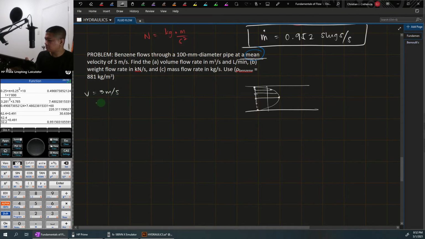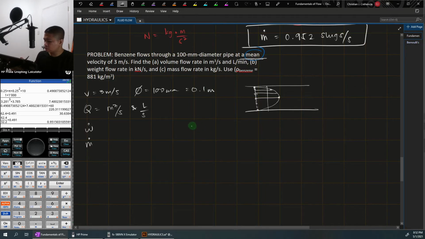Then ang hinahanap is flow rate in cubic meter per second and liter per second. Then for B, weight flow rate and mass flow rate. Okay? So madali lang naman to, no? So meron tayong given din na diameter na 100 millimeters or 0.1 meter.